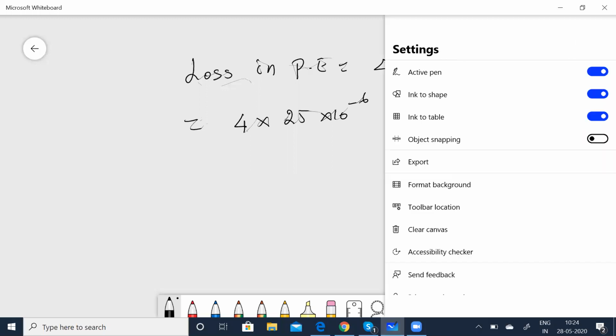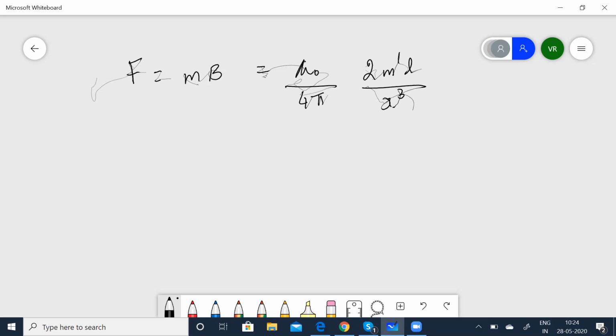Now we know that F is equal to M times B. Since it is the axial line, mu 0 by 4 pi into 2 M dash L by, since it is a short magnet, you can take it directly as d cubed, into M.